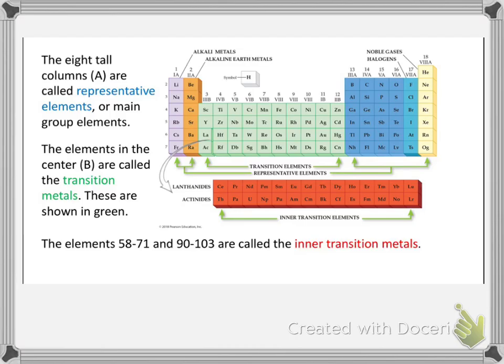Now I do have slides here, and these are from your textbook. So let's just review it, and you can see it in a different way. So it says the 8 tall ones, everything with an A, are called the representative elements. And then you see or main group, it's there as well.